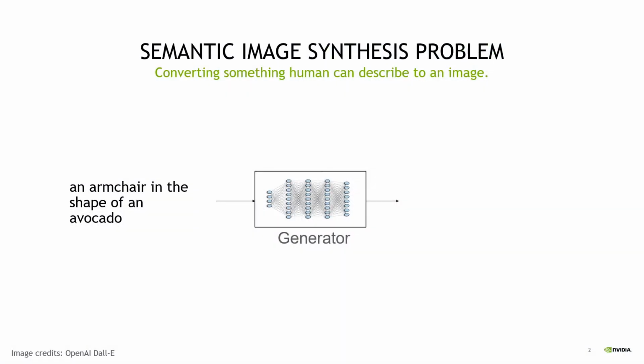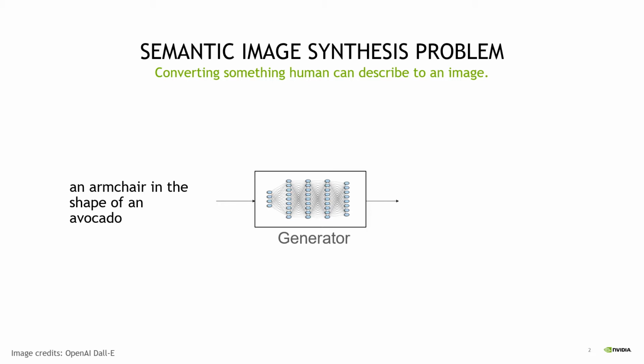The semantic image synthesis problem is about converting something humans can describe into an image. Let's say we have a generator that can convert human descriptions in a sentence to an image.